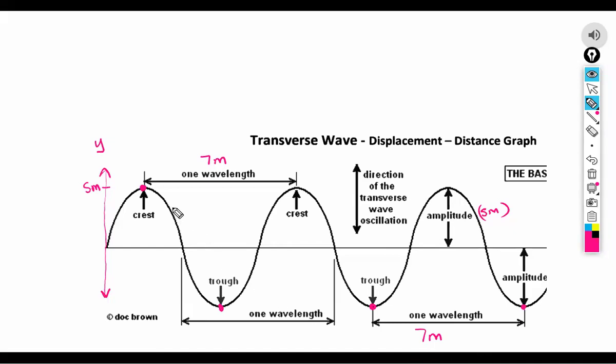Also, if I take 2 slashes here in 2 different colors, would the distance between this slash and this slash also be considered a wavelength? Are those 2 consecutive similar points? If I measure the distance between the 2 blue slashes, would I also get 7 meters for the wavelength?